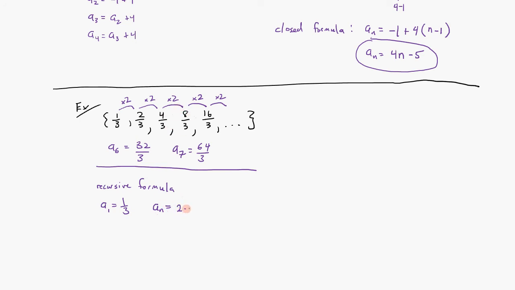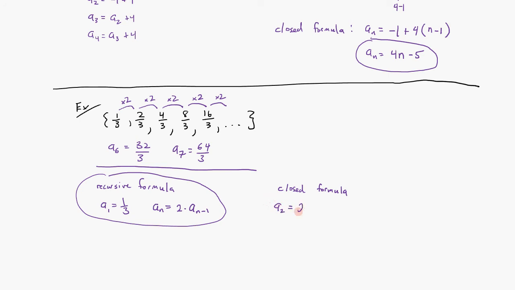So it's 2 times a sub n minus 1. So that's the recursive formula. So now let's get the closed formula. Okay, so let's write out a few terms, and we'll see what the closed formula should be.